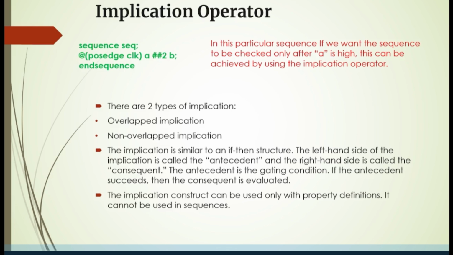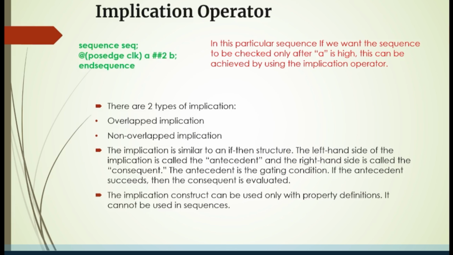Yesterday we talked about how to insert delays in sequences, and there is an operator called the implication operator, which is used on properties only. So we can insert delays and operators within properties by using this implication operator.